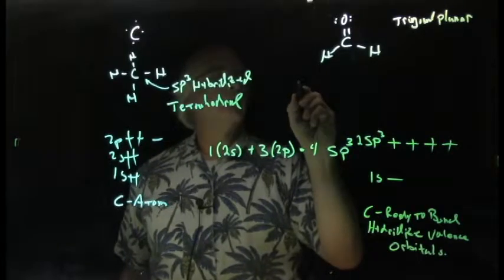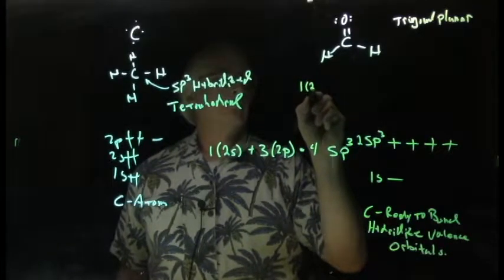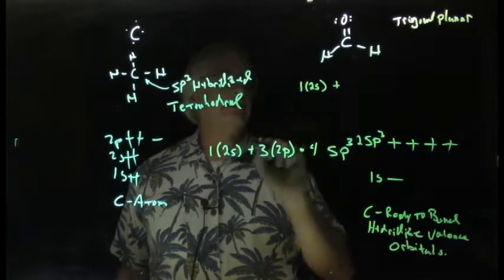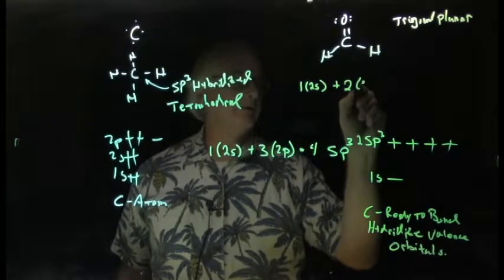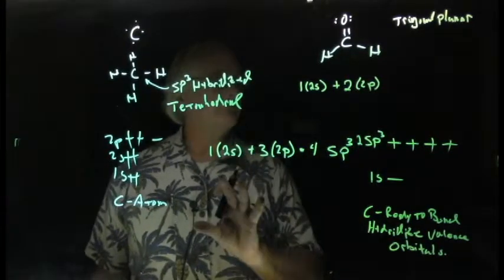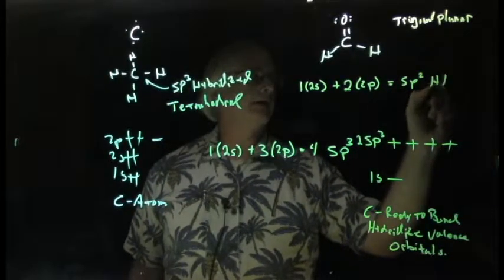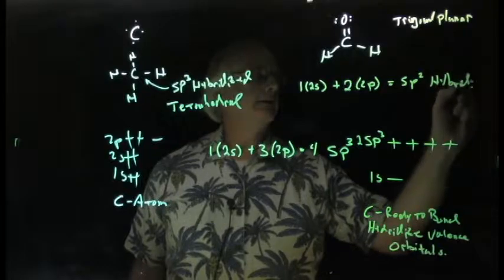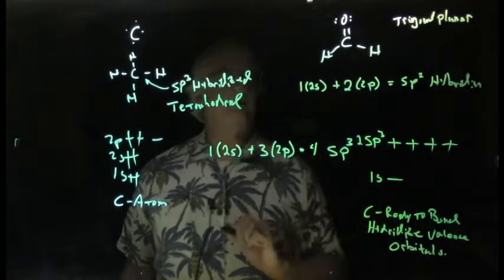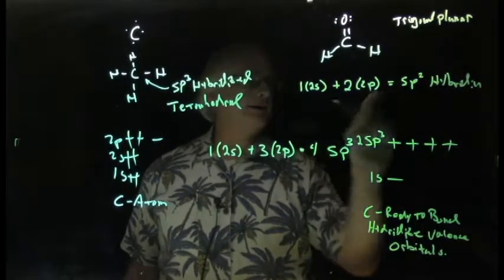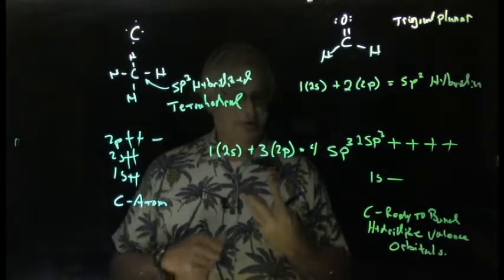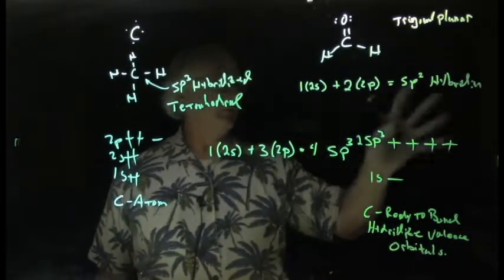We take the 2s and 2 of the p orbitals. Not all 3, 2 of the p orbitals, and create the sp2 hybrid.